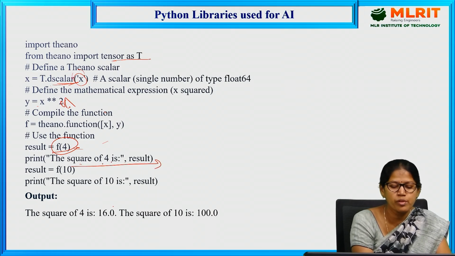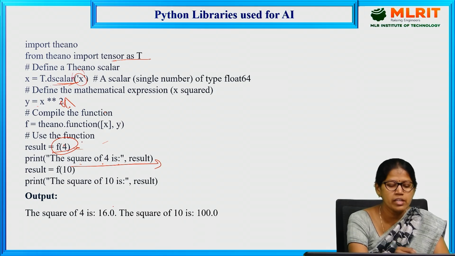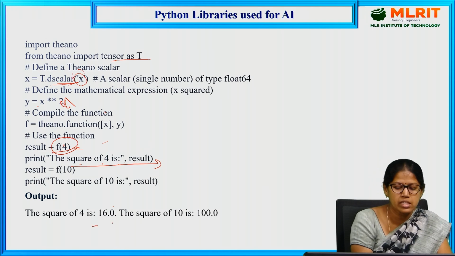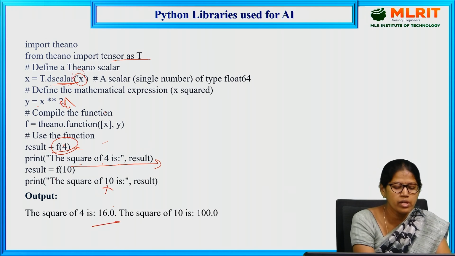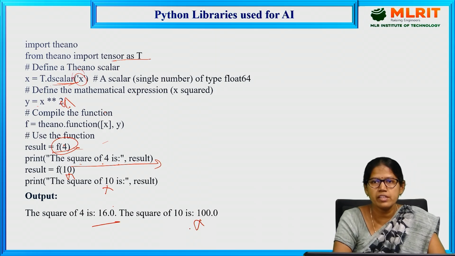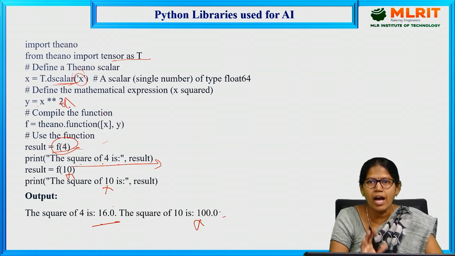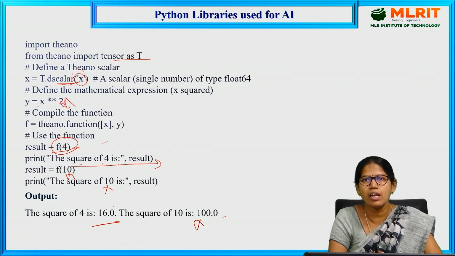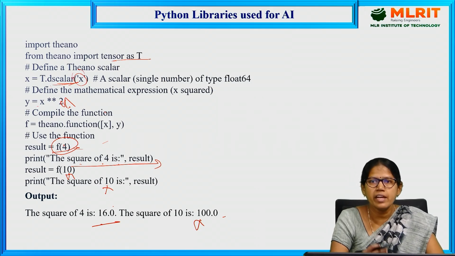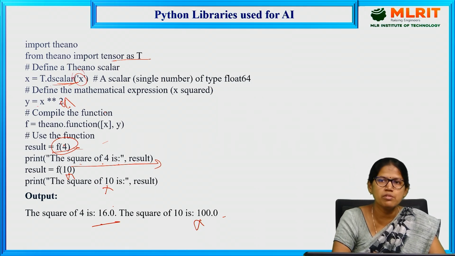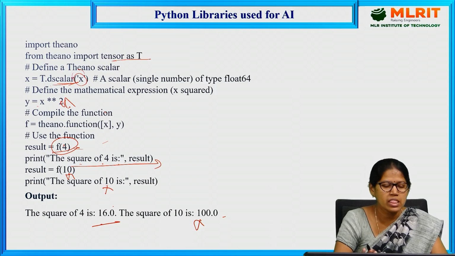So the square of 4 is applied and it gives 4 times 4 is 16, and again we pass 10 as the value, then 100 is the value, displayed in floating point representation: 16.0, 100.0. So we give the values and it will learn from those values and evaluate the expressions. Later it will produce the output. That is the Theano library.